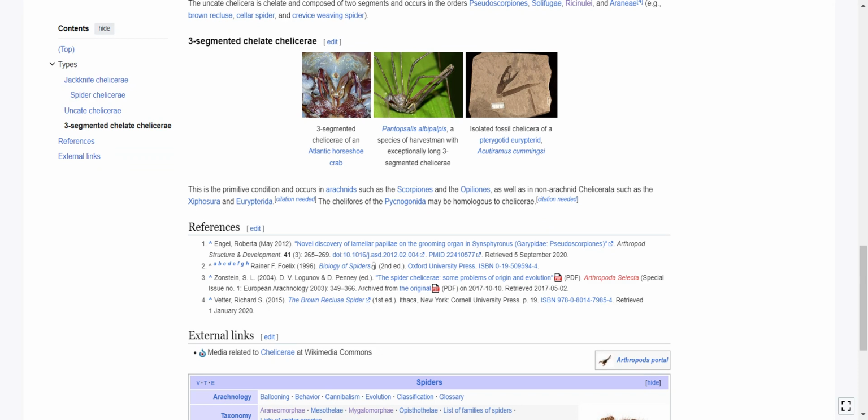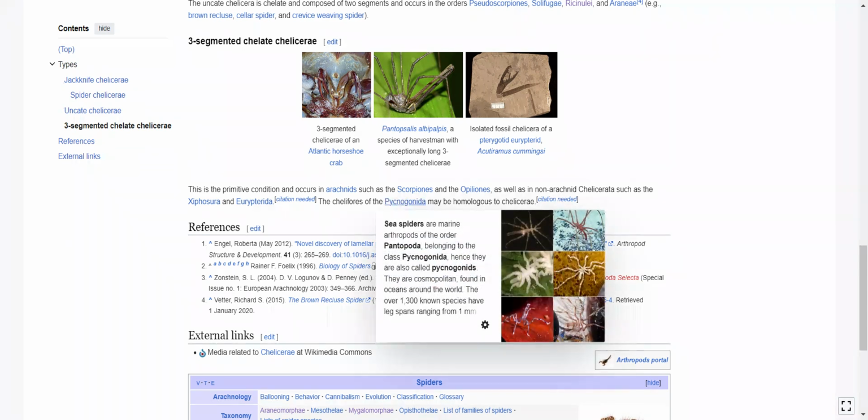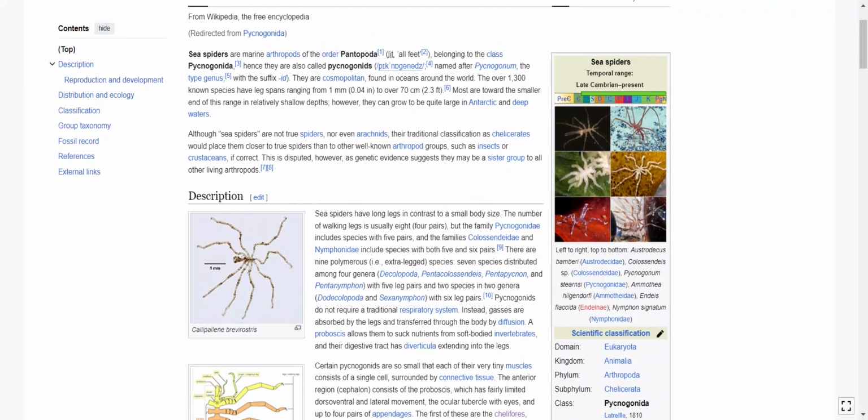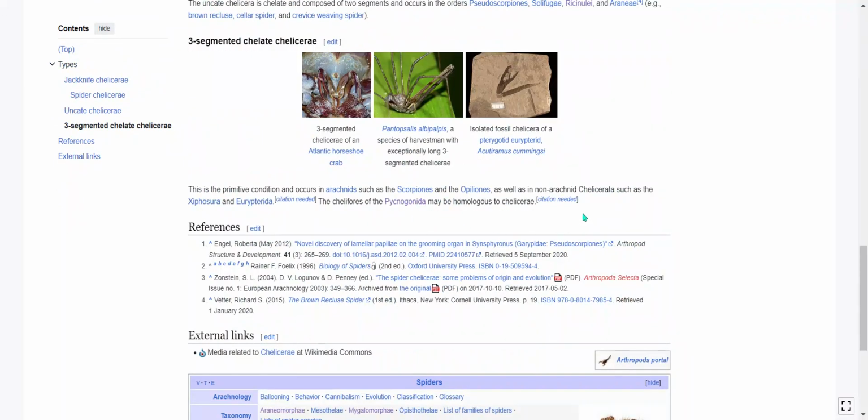The chelifores of the Pycnogonida may be homologous to the chelicerae. Oh, the sea spiders. Okay, those are maybe homologous to chelicerae.